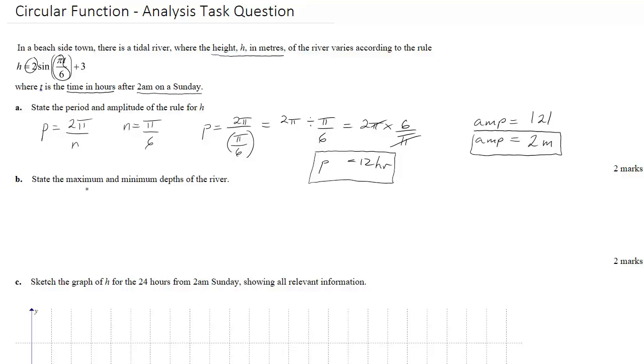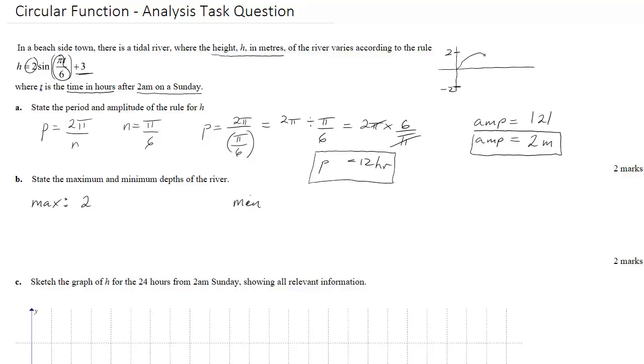Question B, state the maximum and minimum depths of the river. Now, to work out your maximum and your minimum, you need to use your amplitude. So the maximum is taking your amplitude as a positive number. Well, remember that in a trigonometric function, if you didn't have this plus 3 for now, we know that the maximum would be 2 and the minimum would be minus 2.